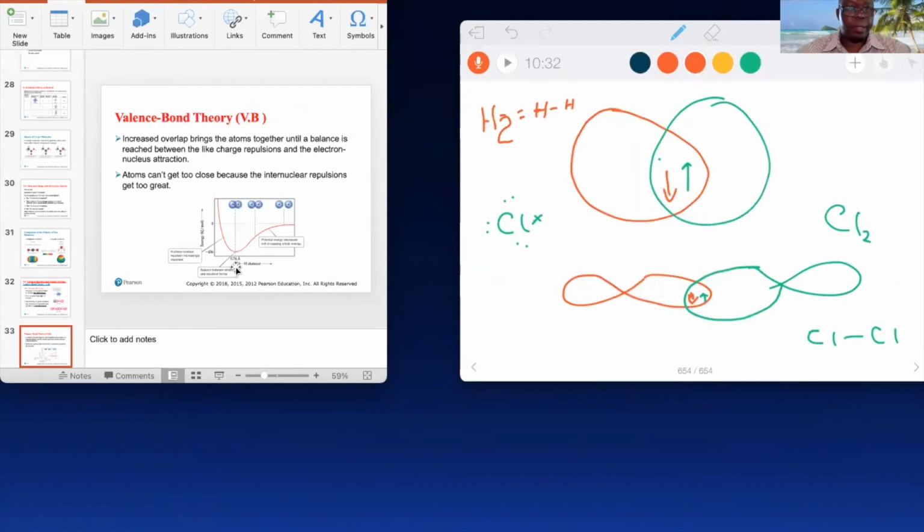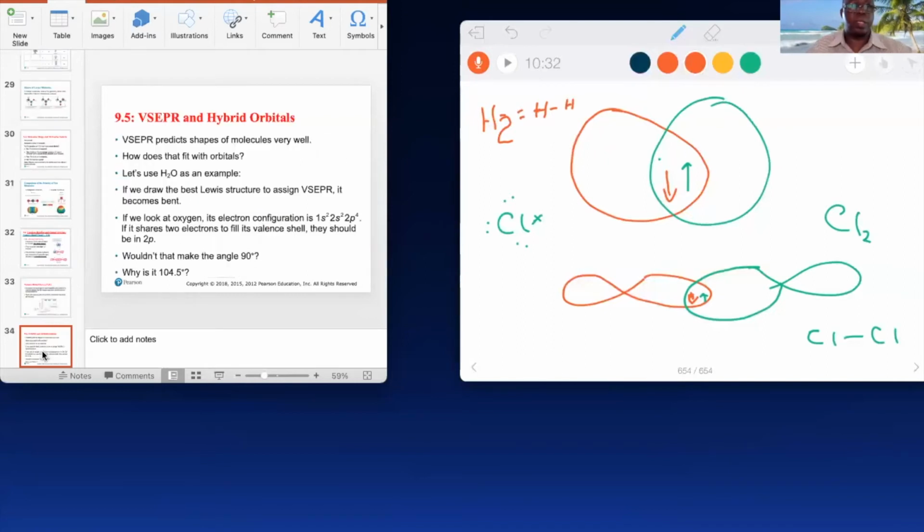Remember the bond length for hydrogen, but overall, as a result of valence bond theory, there is an optimum distance for all molecules such that the bond will exist, which will not require a lot of energy to maintain the atoms together.